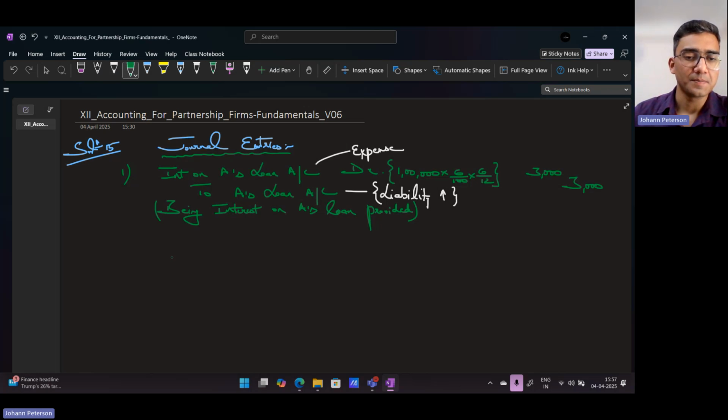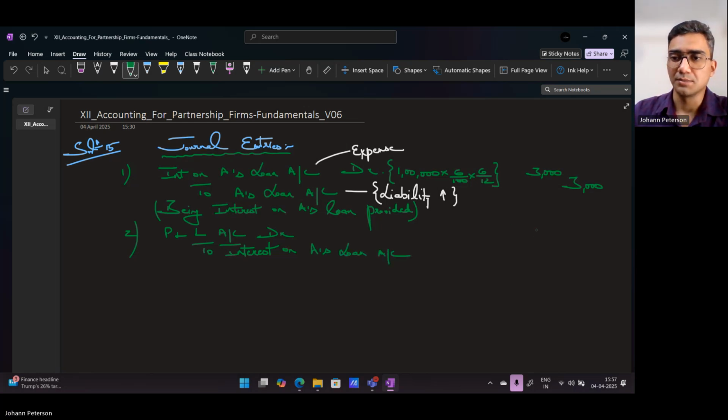The next entry, that will be profit and loss account debit to interest on A's loan account. The amount will be the same. So at the end of the year, what are we doing?